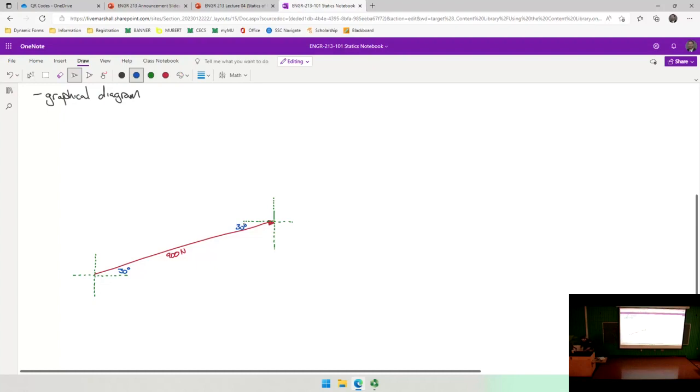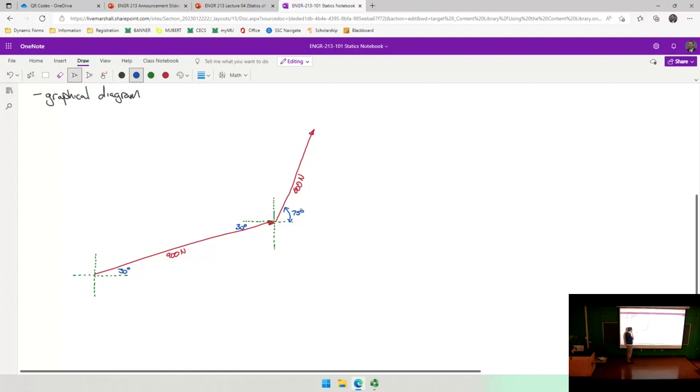So let's see what we got. Okay, I'm going to try and keep the scale accurate. That's probably pretty good right there, because this one was 600 newtons. So it's smaller, okay? And what do we know about this angle? 75 degrees. Okay?